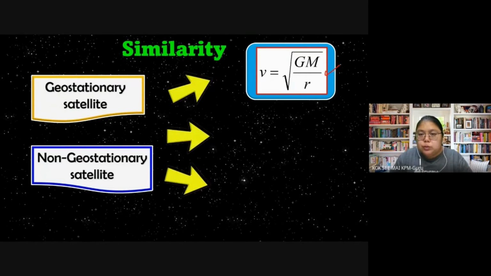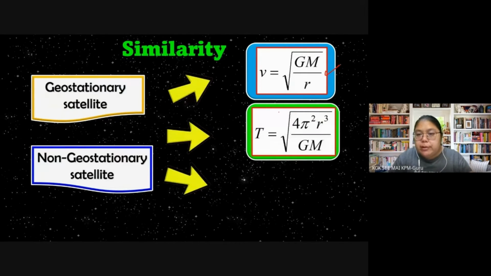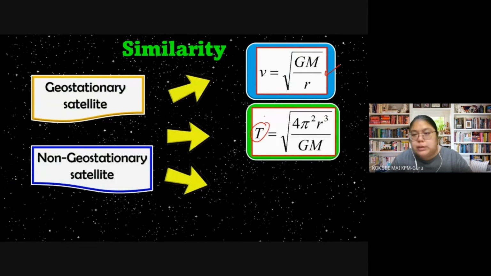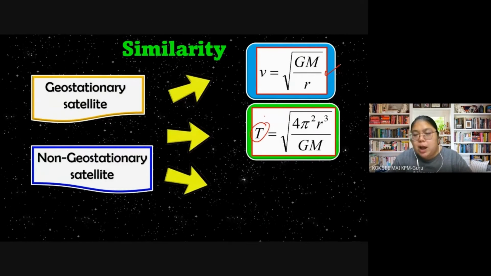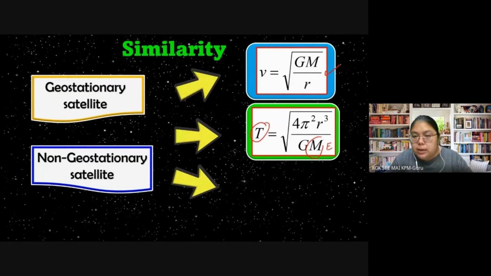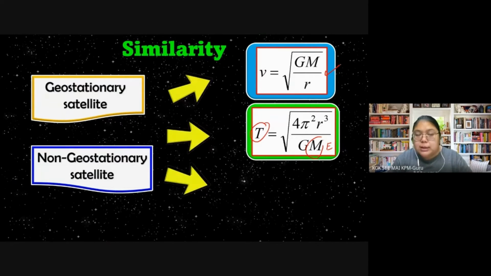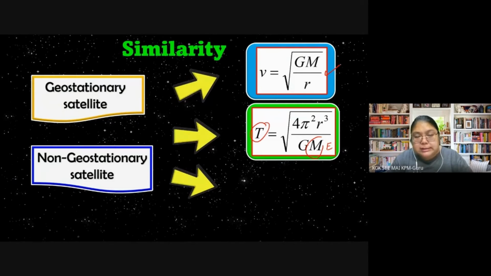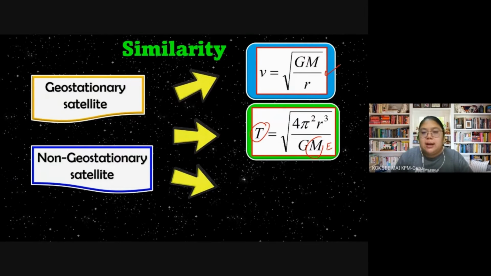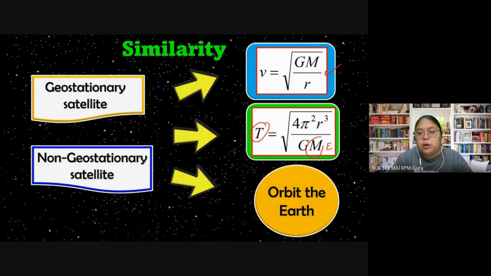Number 2, period. To find the period, it is also the same, 4 pi squared r cubed, for the Earth. The period may be longer or shorter, we don't know, but you still use the same formula. And the last one, both also orbit the Earth.